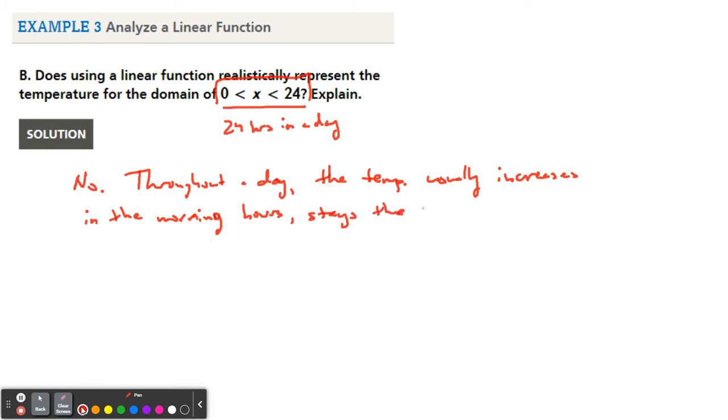Stays the same in the afternoon, and then decreases in the evening and overnight.